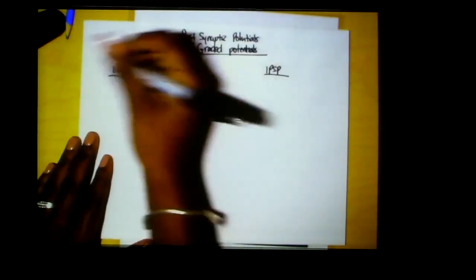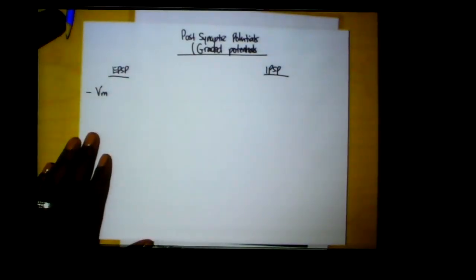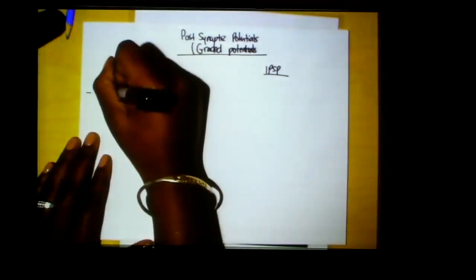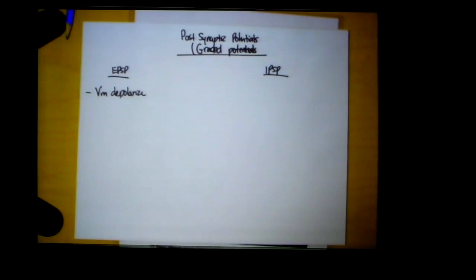We know an EPSP is going to be a depolarizing event to the membrane potential. The membrane potential is going to depolarize. What type of channels did we say was responsible for this type of event? Sodium or, not potassium, sodium or calcium.